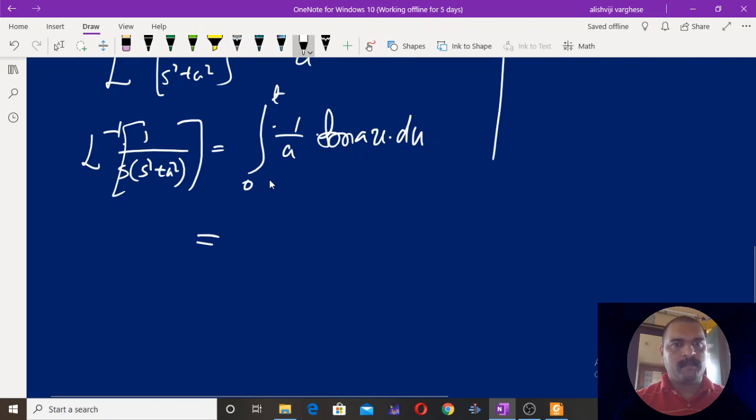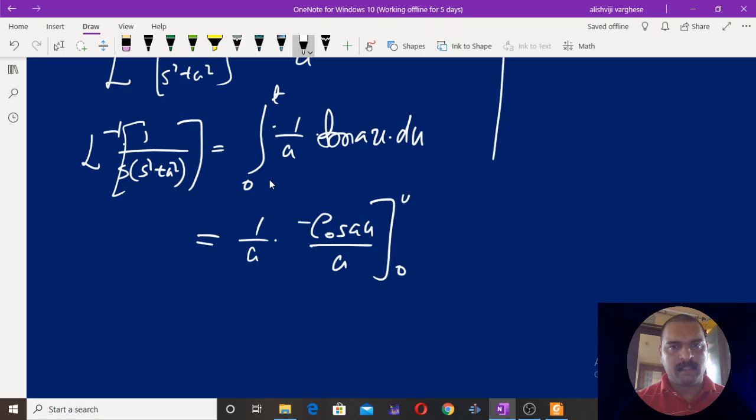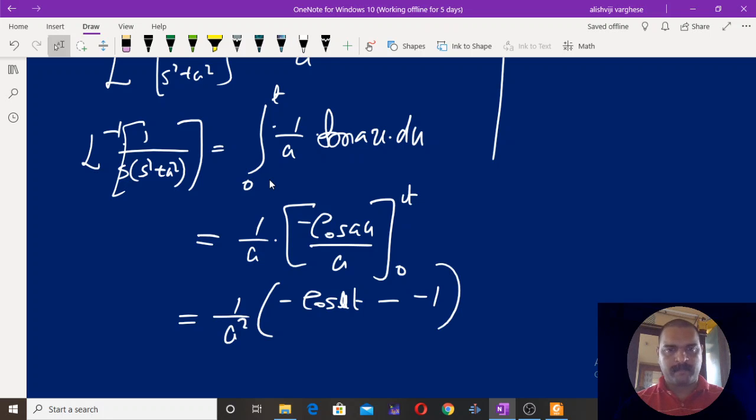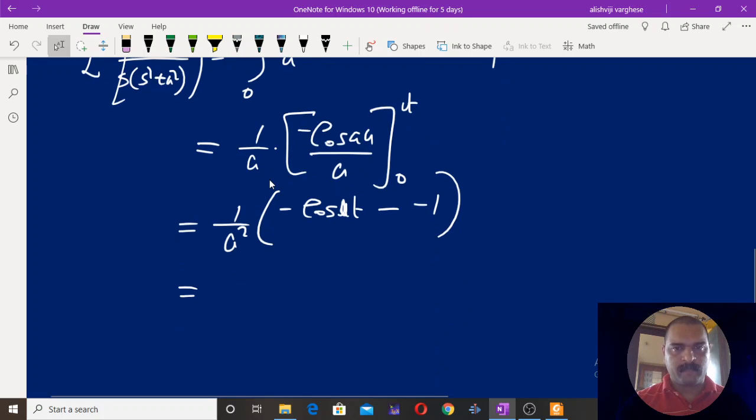Now this is equal to 1 by a, a constant taken outside, then sine a u, the integral is minus cos a u divided by a, between the limits 0 and t, which is equal to 1 by a square into the upper bound minus cos a t, and the lower bound cos 0 is 1. So this is equal to (1 minus cos a t) divided by a square.